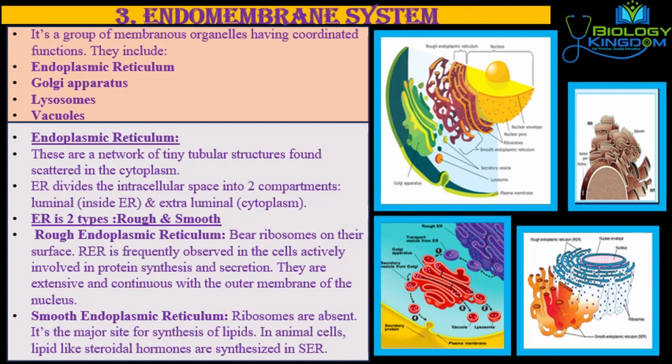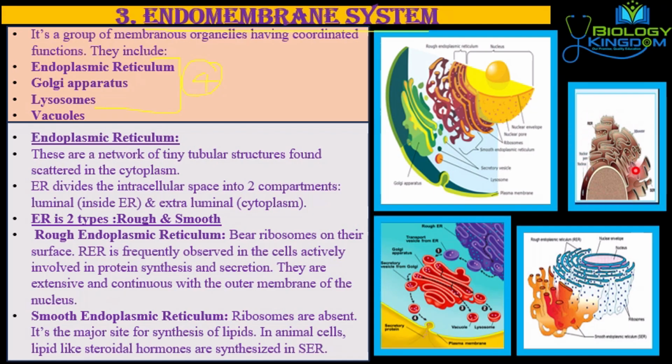Now moving on to the next most important part, that is endomembrane system. Endomembrane system majorly includes four important cell organelles within it. So if we observe the structure of endomembrane system here, we have endoplasmic reticulum, rough endoplasmic reticulum, smooth endoplasmic reticulum.